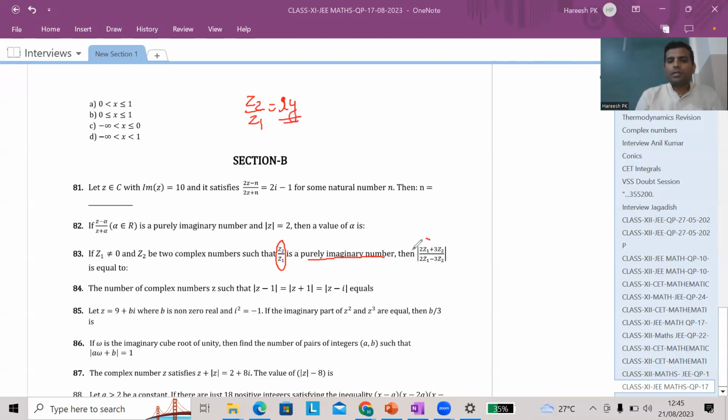So now in this question, what I am going to do is divide by z1, sorry, divide by z1 in the numerator also, and I'm going to do the same thing in the denominator too.